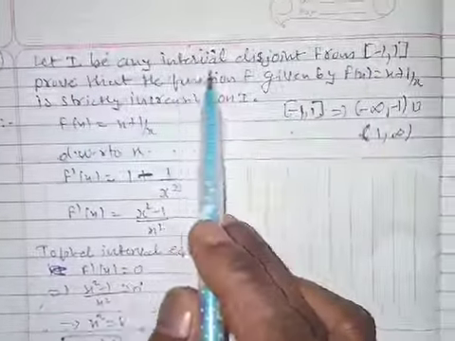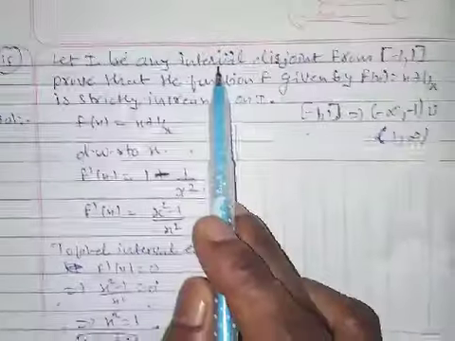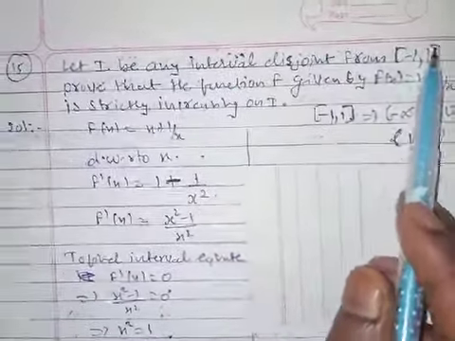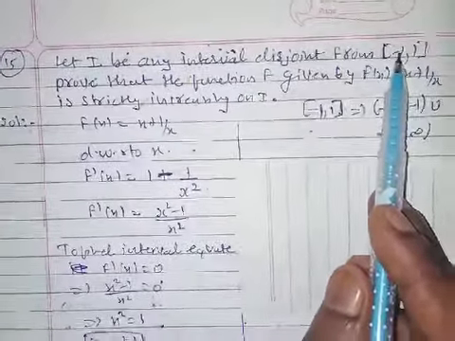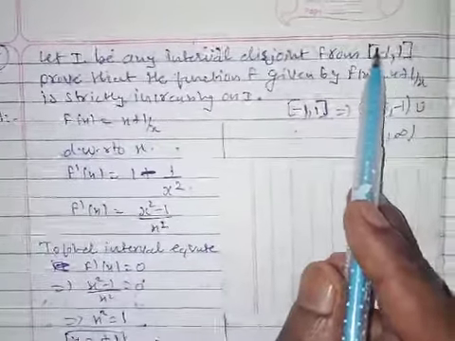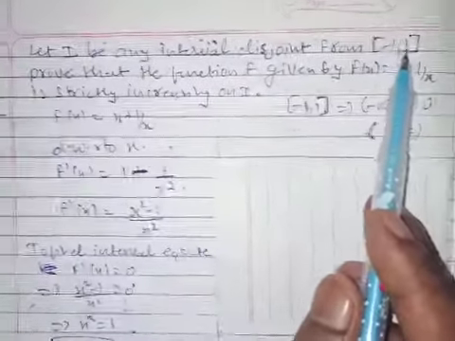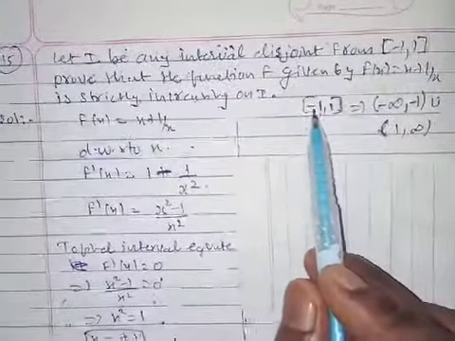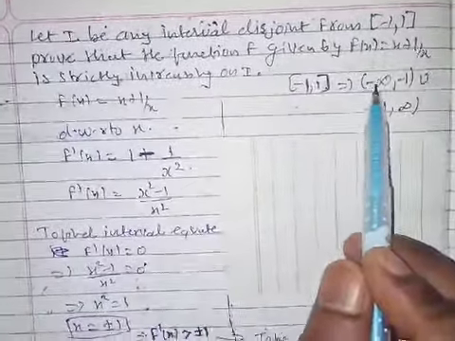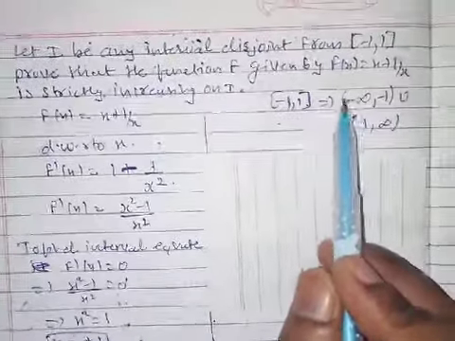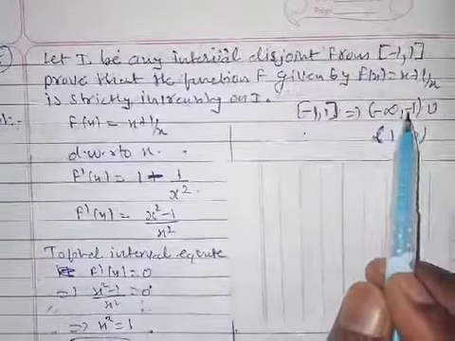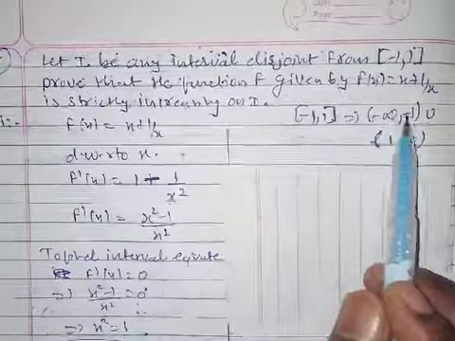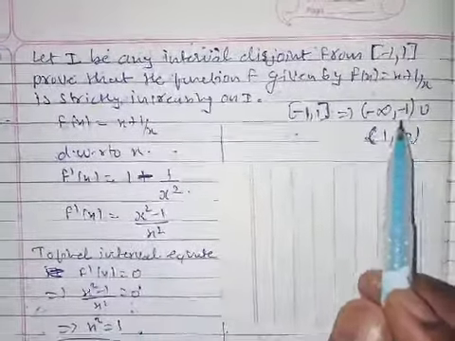Let I be any interval disjoint from the closed interval minus 1 and 1. So minus 1 should not be included and 1 also should not be included. So what will be the interval? If you do the breakup, you will get the open interval minus infinity to minus 1, where minus 1 is not included.